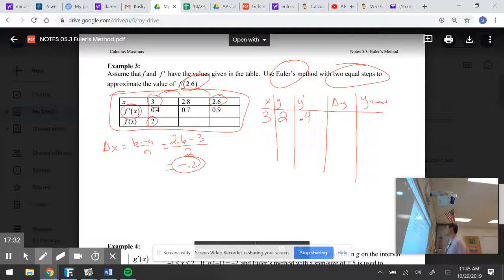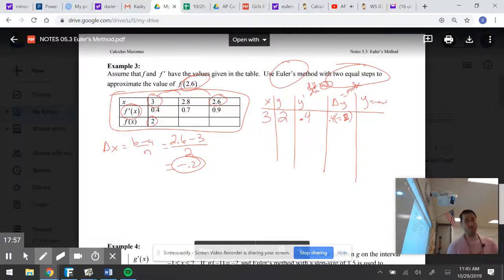Well, what is my change in y? Well, change in y is probably going to be the one that you have to remember the most. And your change in y, if you ever forget, remember dy/dx is equal to m. I'll say it again. That means dy is equal to m times your change in x. So that would be 0.4. I'll show you the work for this one, times your change in x, which was negative 0.2. I got ahead of myself.